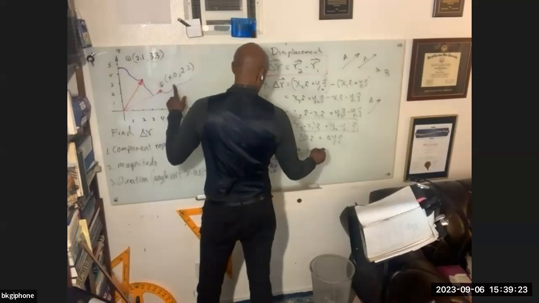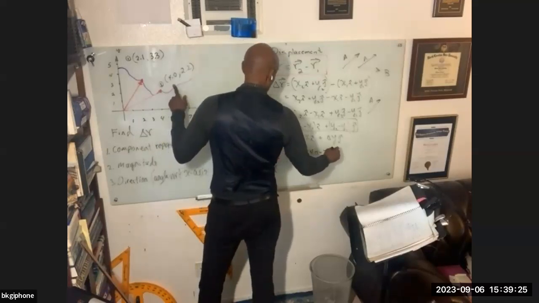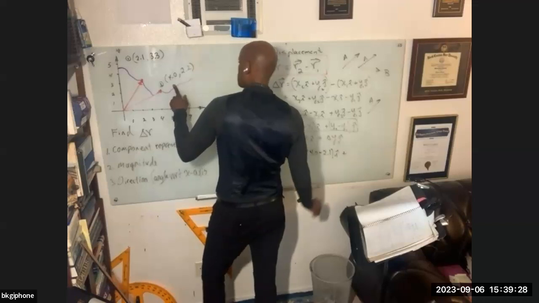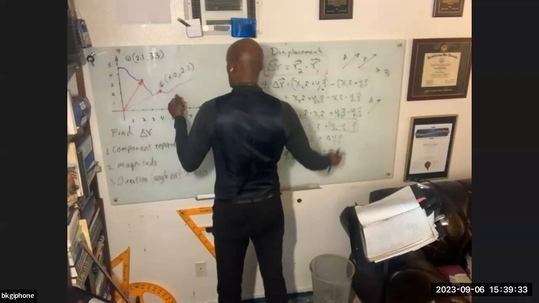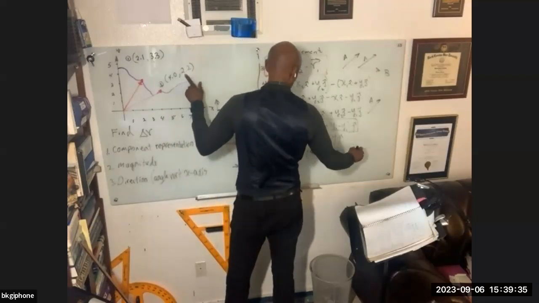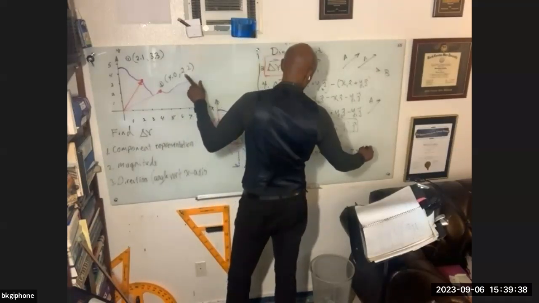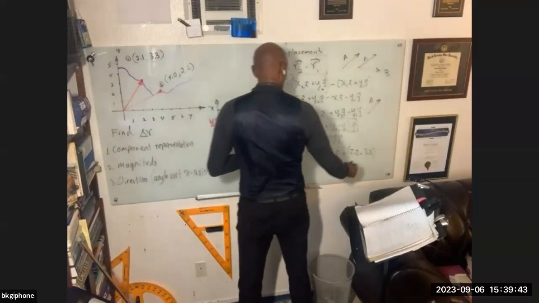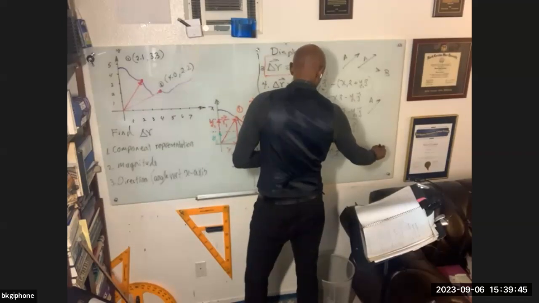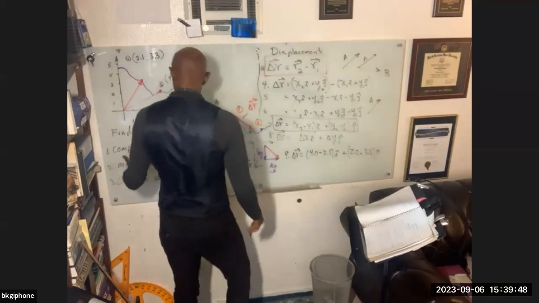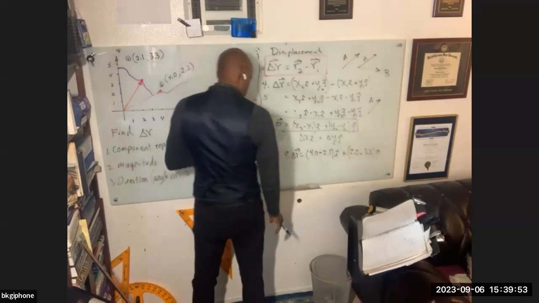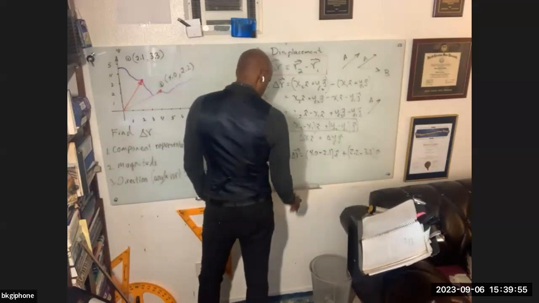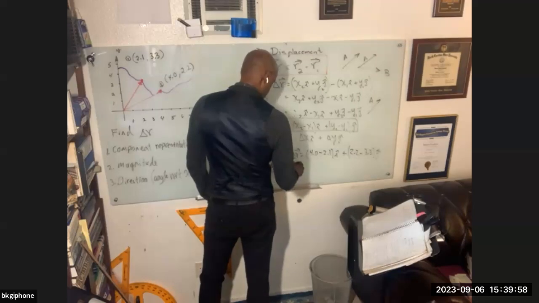The x components, minus 2.1, i plus y2 minus y1, so 2.2 minus 3.3. Oh, that's just 1. Didn't see that. No, it's 1.1. Works out. So the first answer here, the component representation, what is 4.0 minus 2.1? What is that? 1.9.